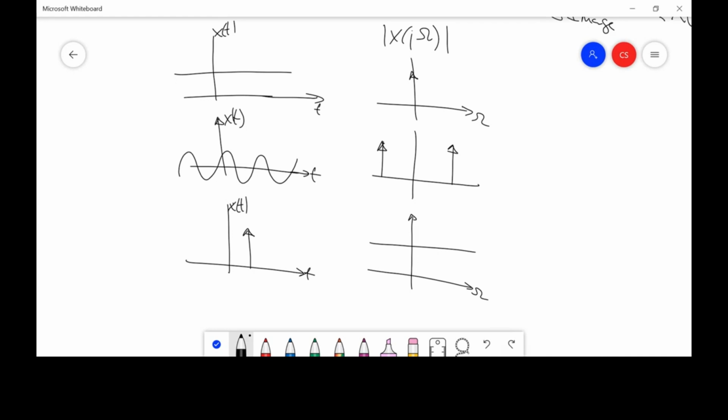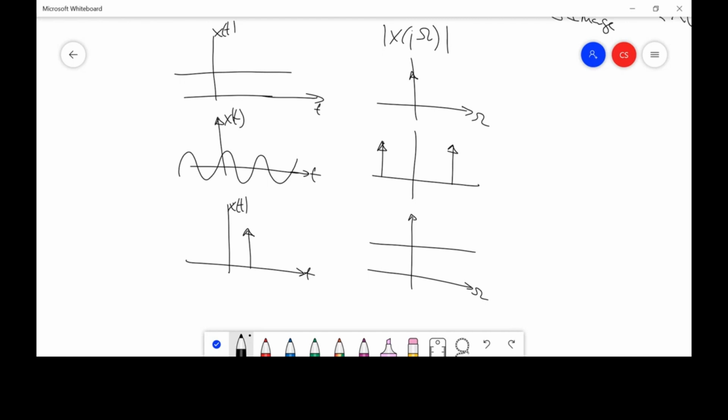So if my signal extends from minus infinity to infinity, in these two cases the Fourier transform is very compactly supported. So which is the size of the set of frequencies whose Fourier transform is different from 0? It is just 1 point, 2 points.